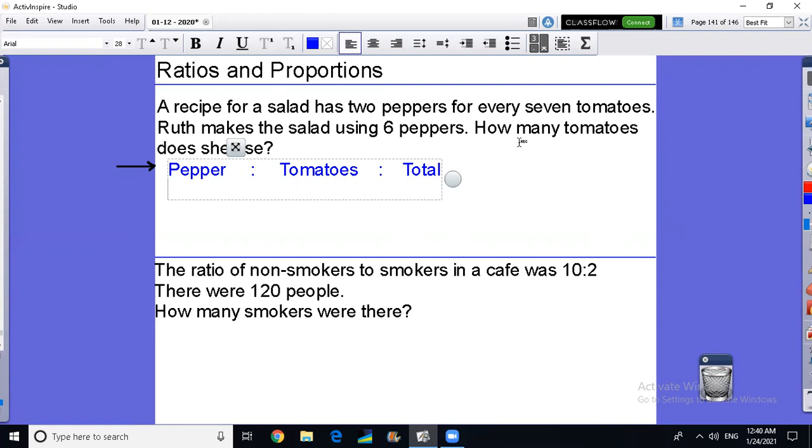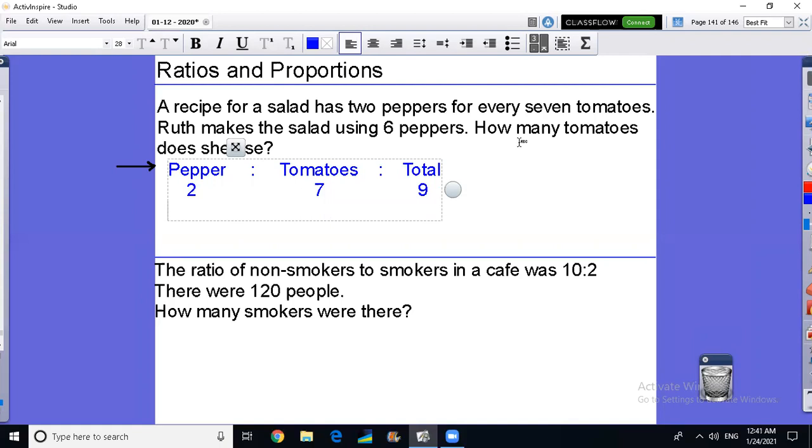This is a fact, but not a fact that never changes; it's just in this situation. So here it's 2 peppers and 7 tomatoes. Again, it doesn't make sense to put the sum here, but even if you put the sum, which is 9, it's not going to lead you to the wrong answer.